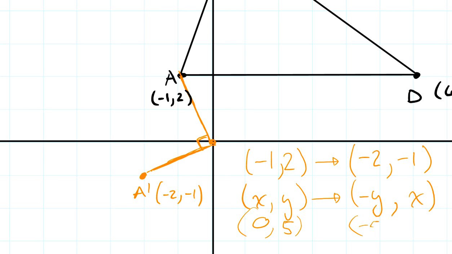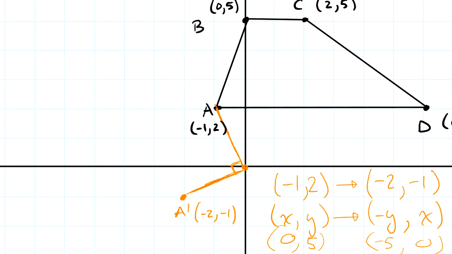So x is going to be -5, and then this is going to just be 0. So when I do this rotation, it's going to be -5, 0. So this is 1, 2, 3, 4, 5. This is now my B point, and it's at -5, 0. So I can see I've got the A and the B down. This is B prime, I'm sorry, not A prime, B prime.